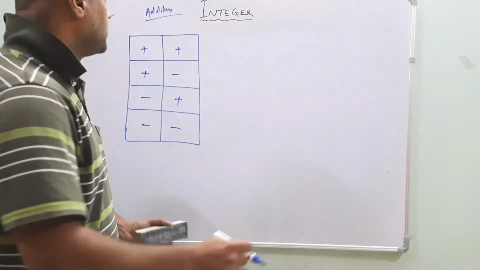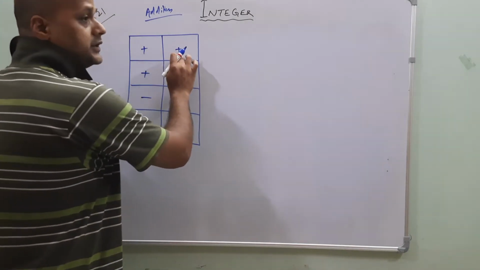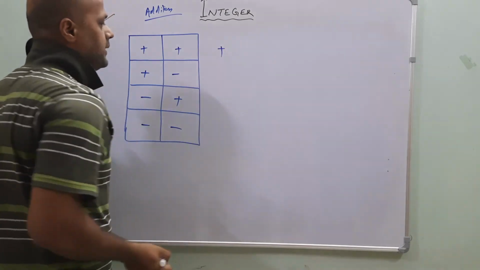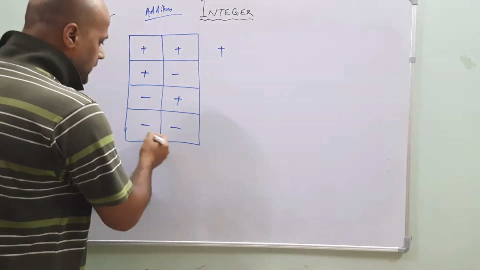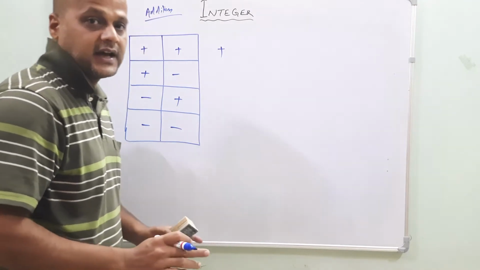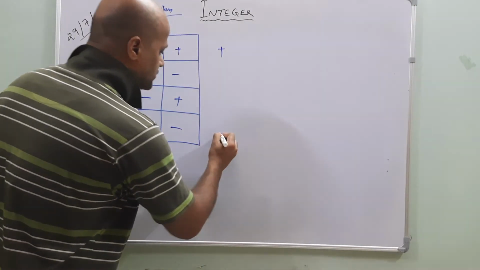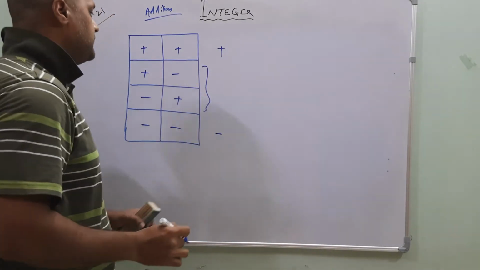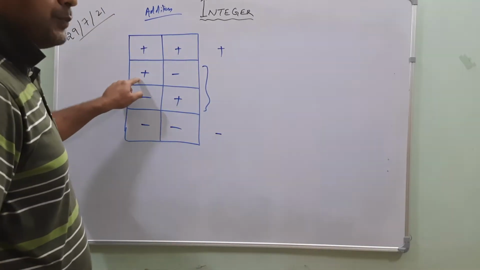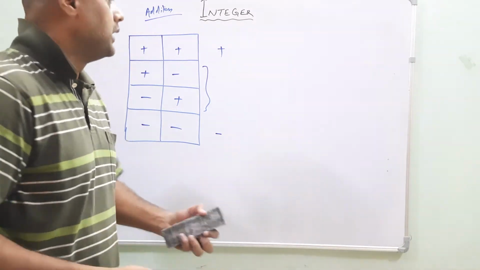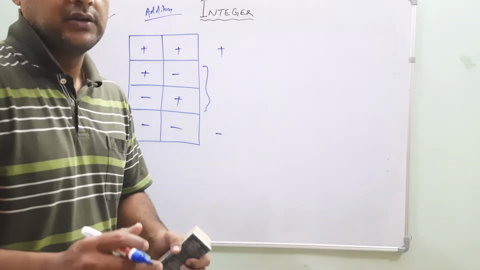Remember that if two positive integers are added, the result will be plus. If two negative integers are added, the result is also negative. But in the case of one positive and one negative integer, what will happen? We will discuss one by one.